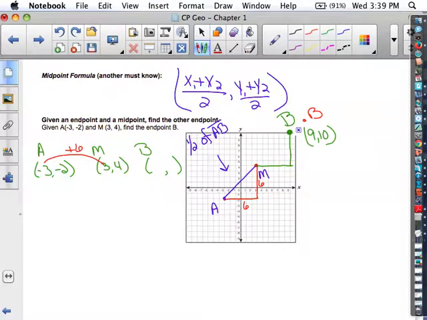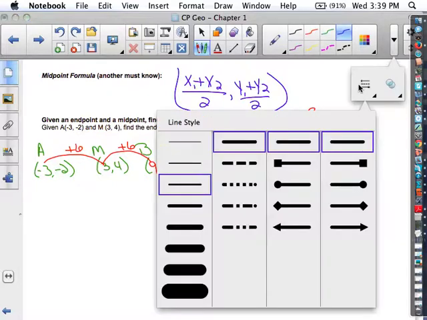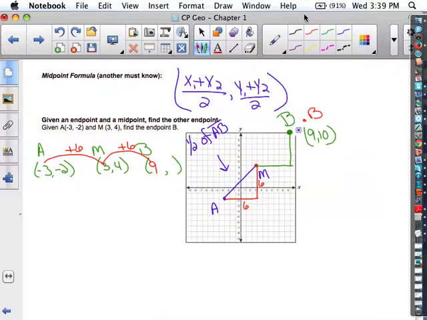Then I know it increases by 6 from M to B, so I'm just going to add 6 to M, and that's going to give me 9. Then go over to the y and do the same thing. How does it change from A to M? It goes up by 6. So how will it change from M to B? It will increase by 6. It will be the same. So that would be 10, and that's the same value that we got using the graph.